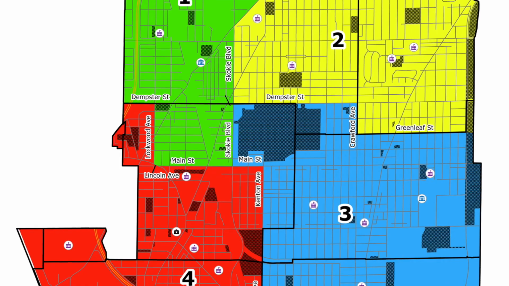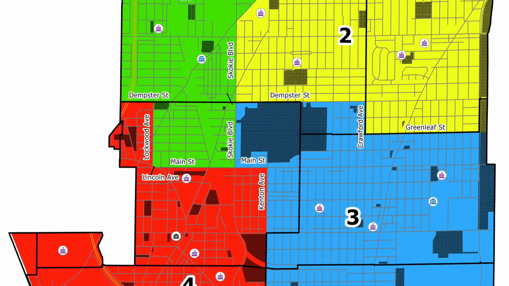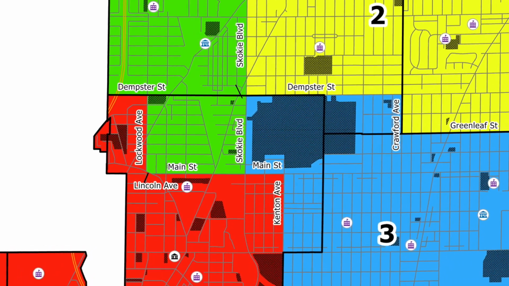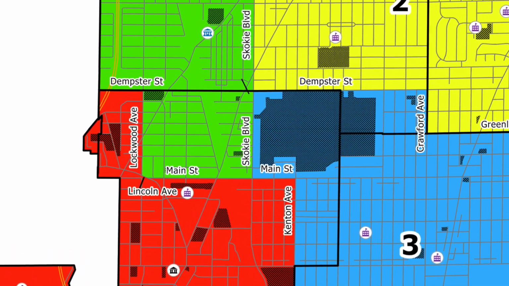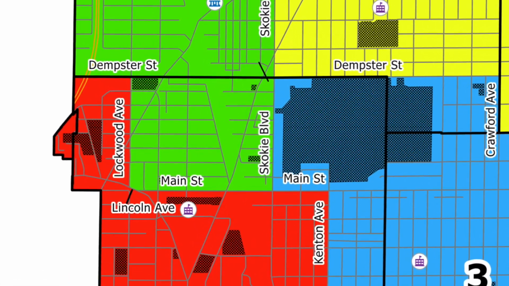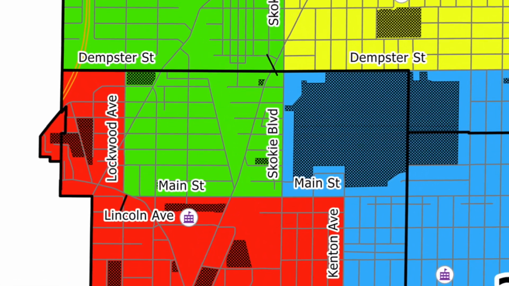The second is that this particular map leaves intact the apartment complexes, the apartment buildings that exist north of Main and west of Skokie Boulevard. That is an area of older apartment buildings.